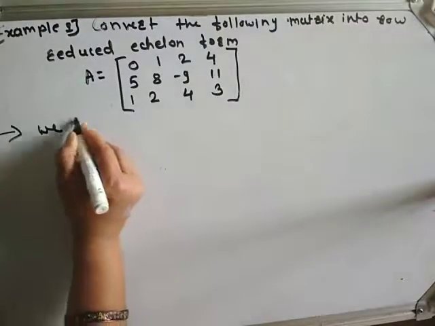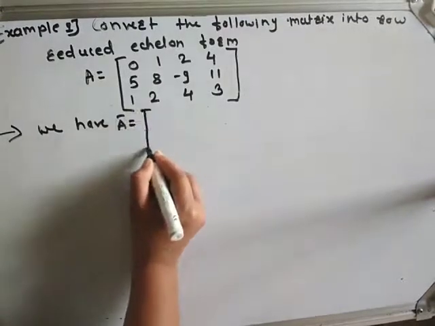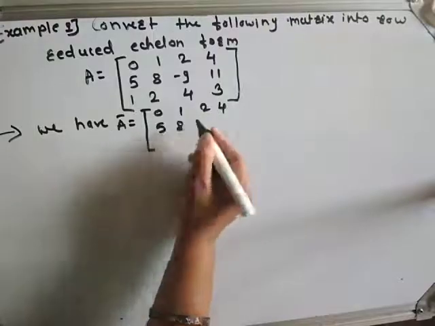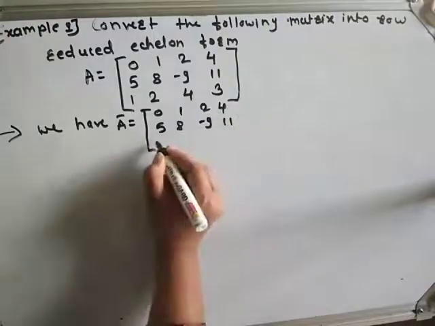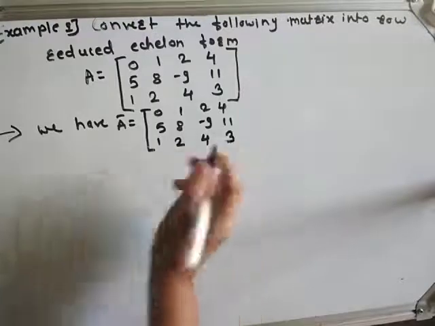We have A equal to the matrix 0, 1, 2, 4; 5, 8, minus 9, 11; 1, 2, 4, 3.